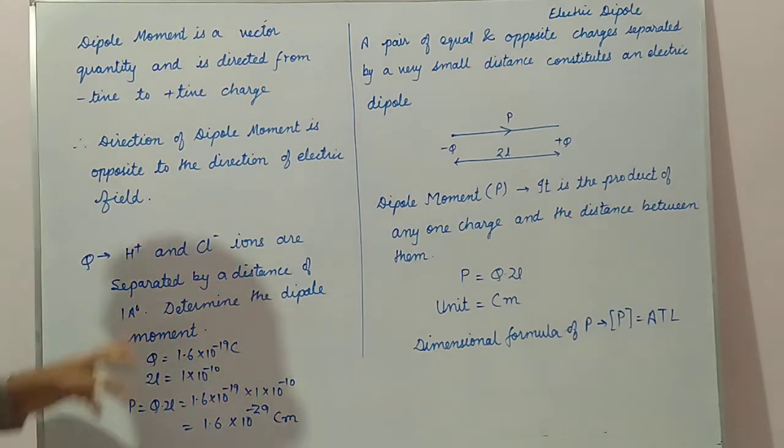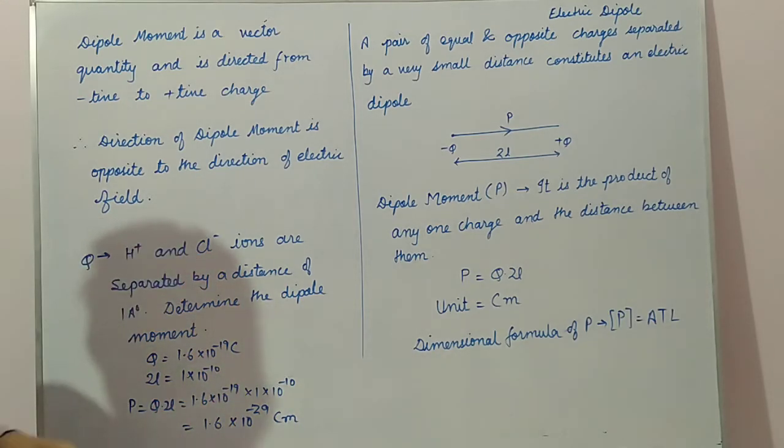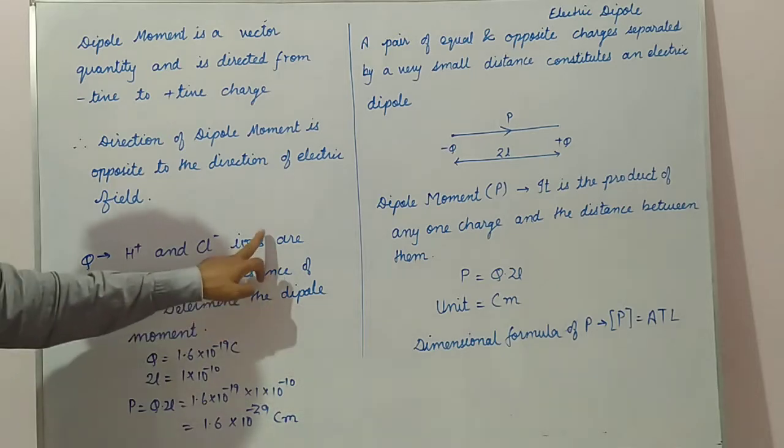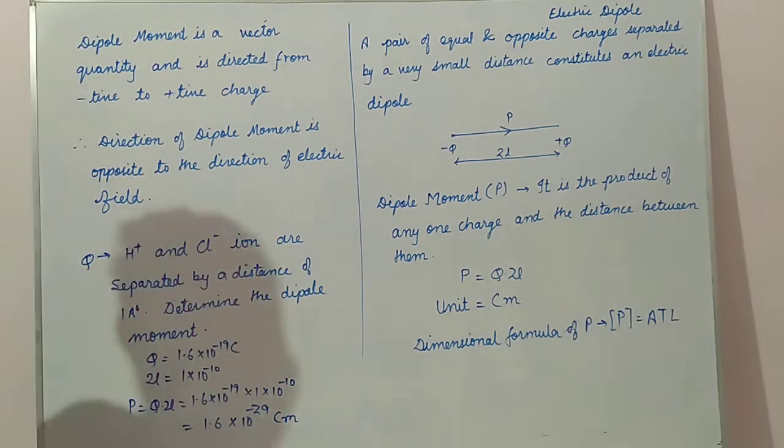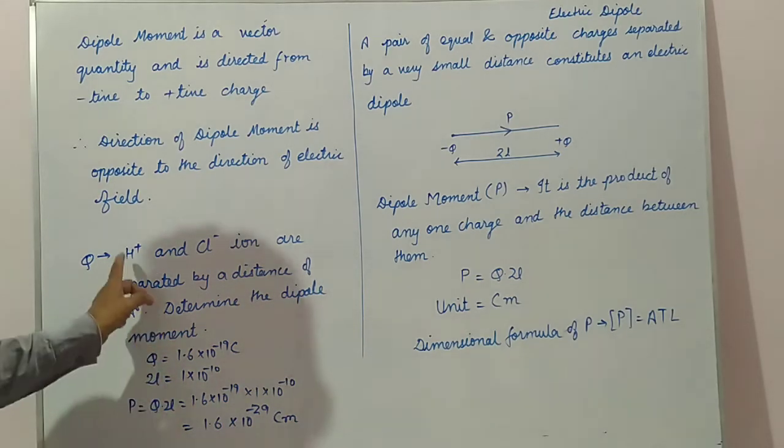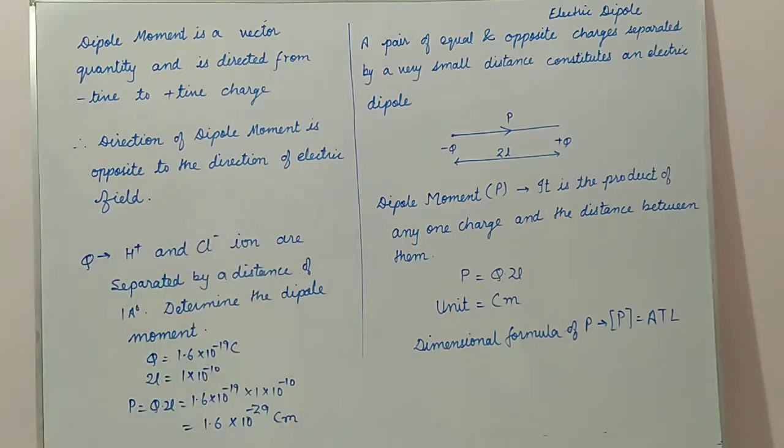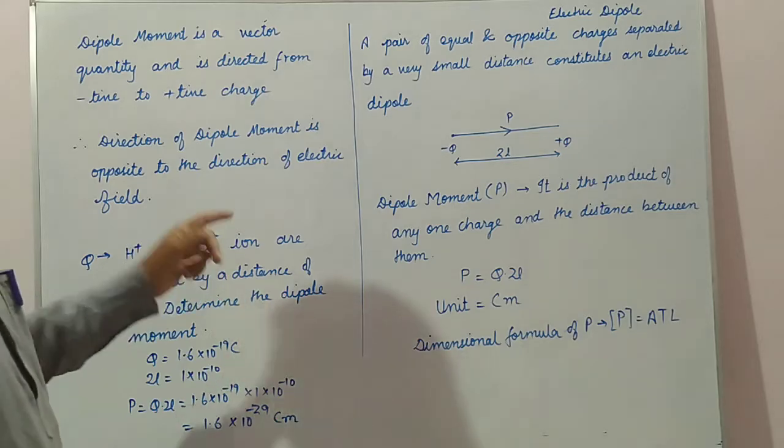One simple numerical: H plus and Cl minus ions are separated by a distance of 1 angstrom. Determine the dipole moment. H plus means loss of 1 electron, and Cl minus means excess of 1 electron.